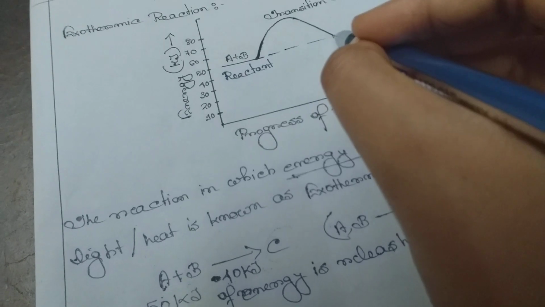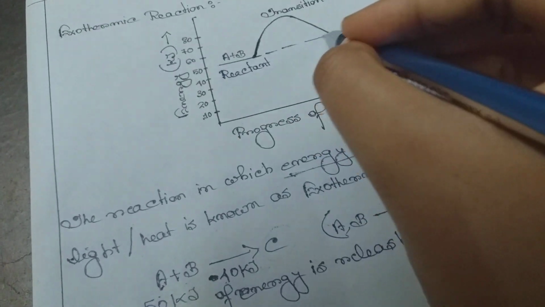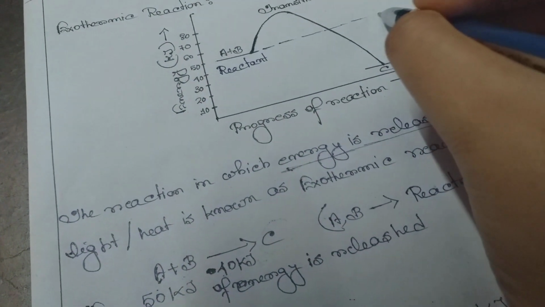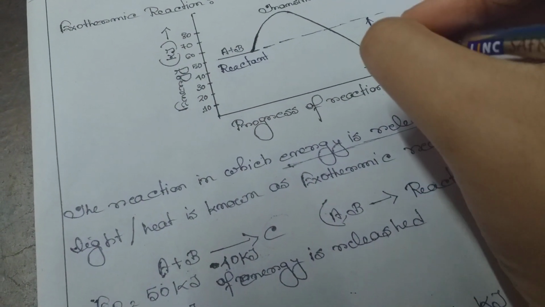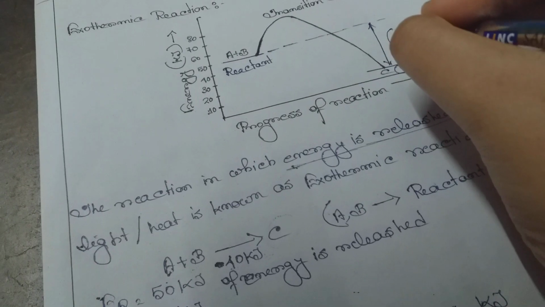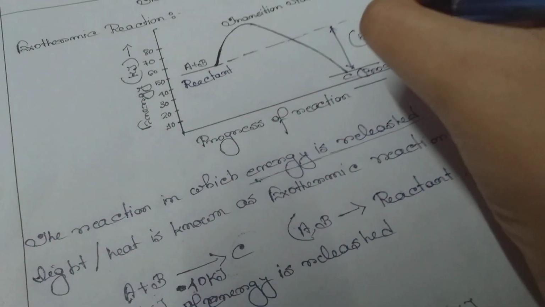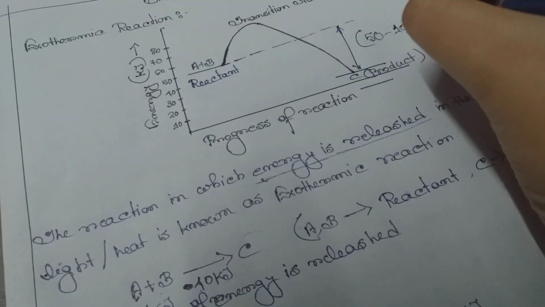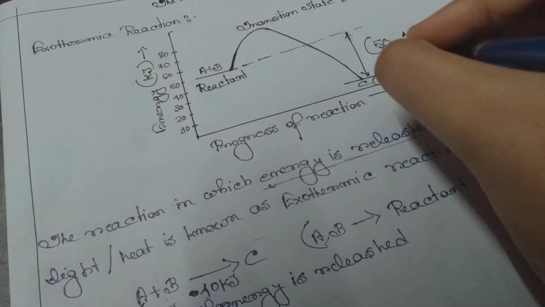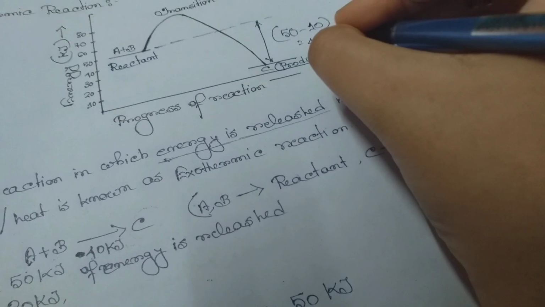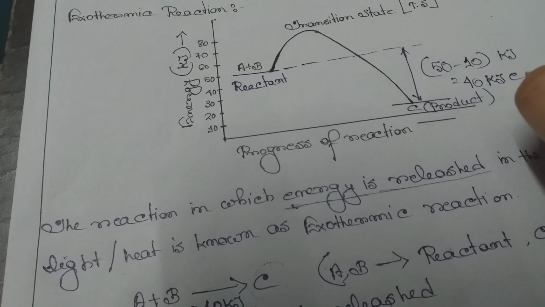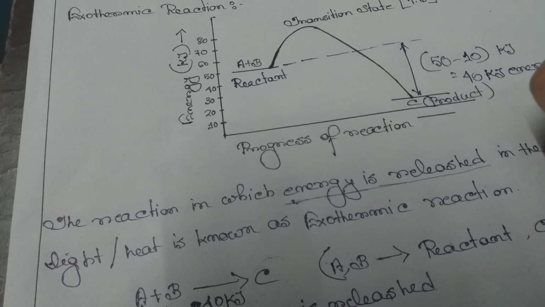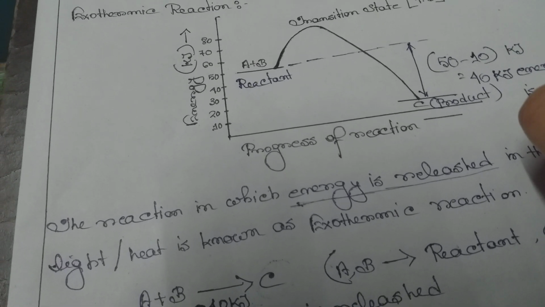The amount of energy released during the reaction is 50 minus 10 kilojoule, which is equal to 40 kilojoule. Energy is released.